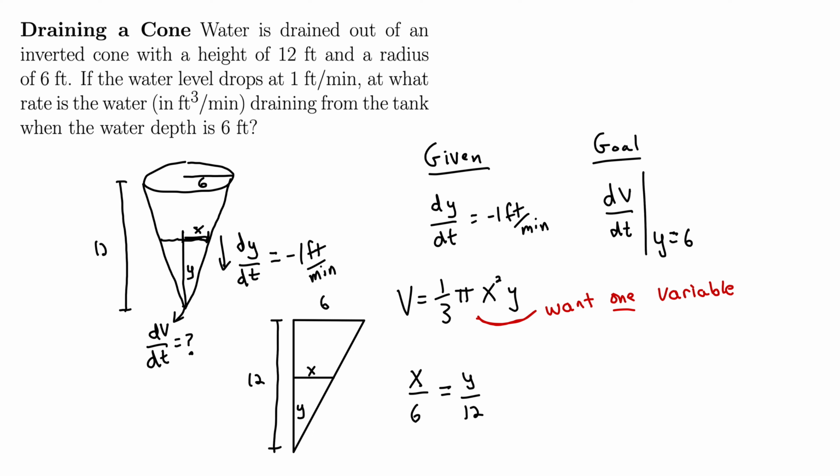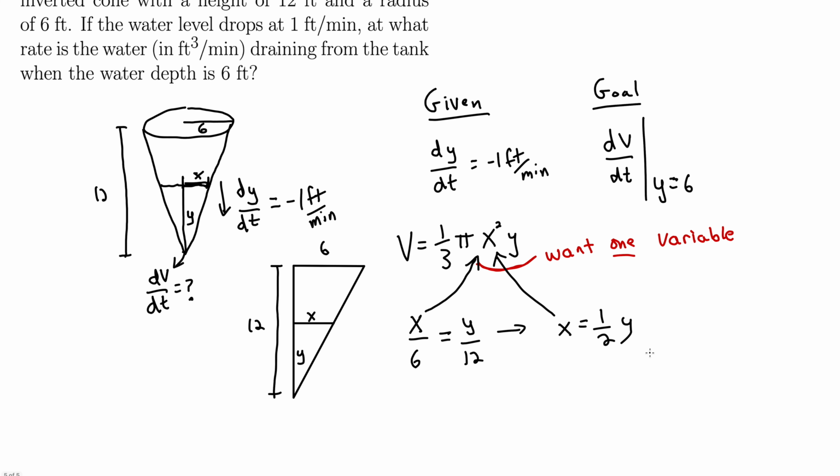We've related these variables. Now, which variable do we want to work with? Since I'm given dy/dt, I'd rather have all my variables in terms of y. So I'm going to solve this for x, so I can then substitute for x and get only y's in my equation. If we solve this for x, we get x equals, multiplying up by 6 and simplifying, 1/2 y, and in it goes into our x.